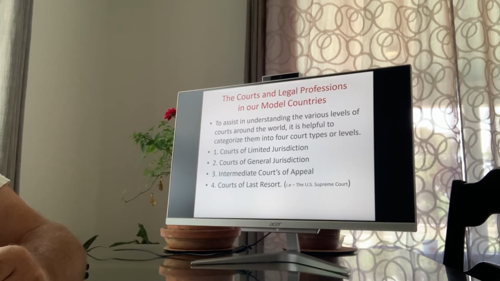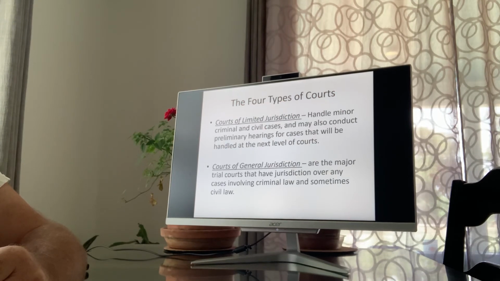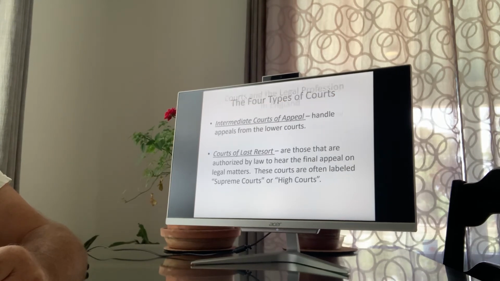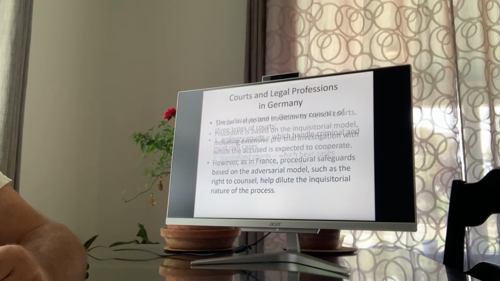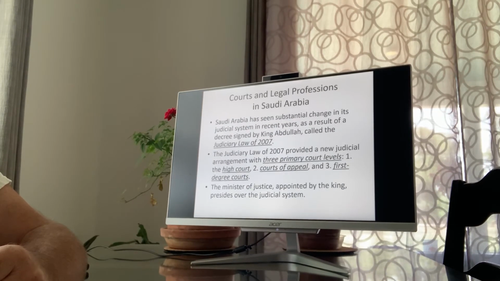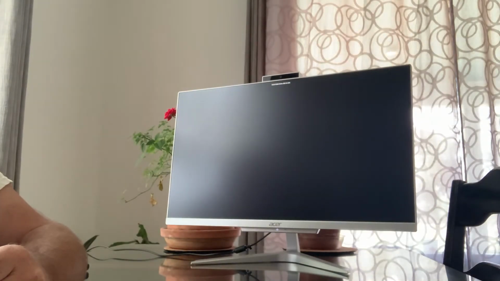Know those 4. We're not going to go into all the details within each of the model countries, so we're not going to worry about the legal profession and courts in England, France, Germany, Japan, China, or Saudi Arabia. Okay, that's going to be Chapter 7.